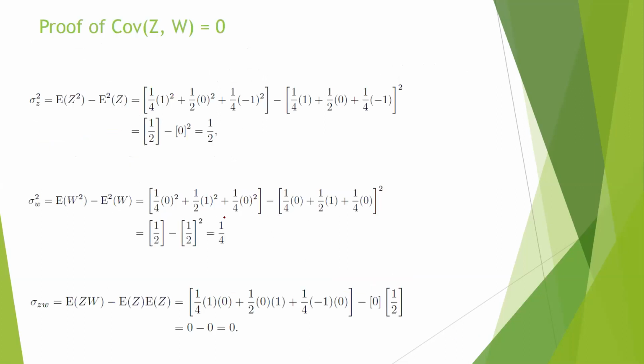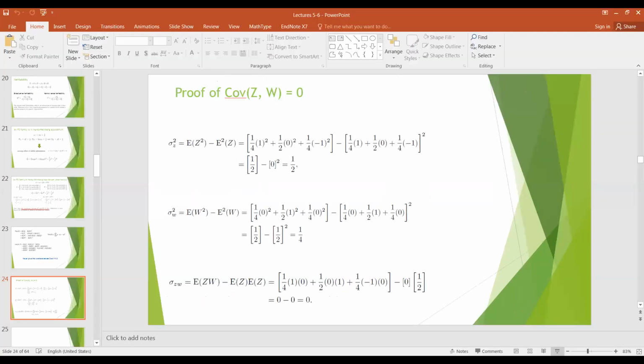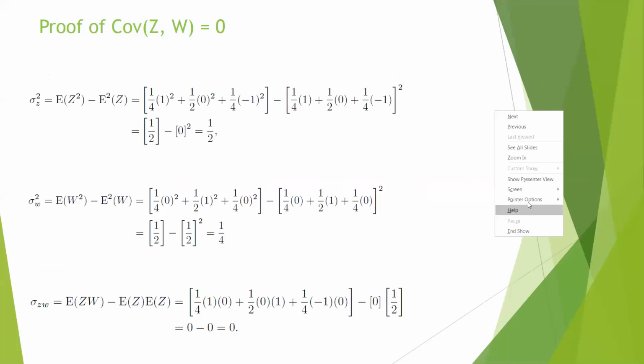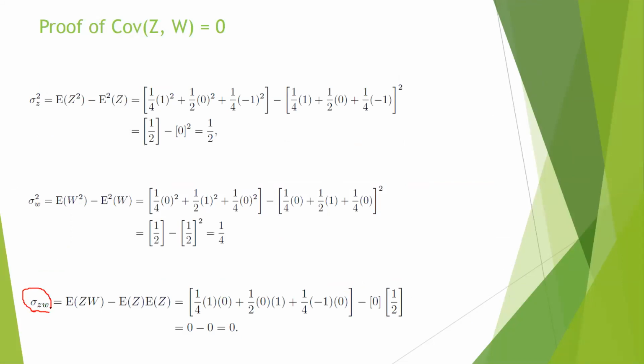This slide shows you why in the F2 population, if you design your Z and W that way, we can prove the covariance between Z and W equals 0.